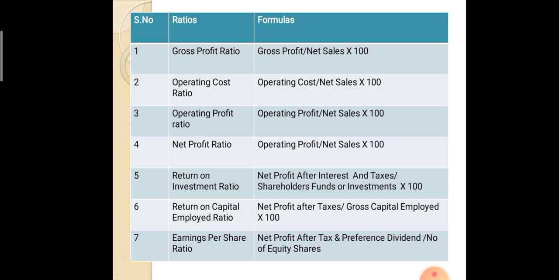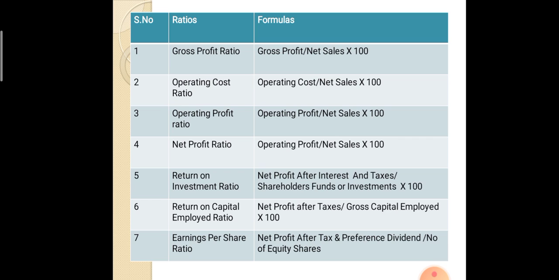So here, the return on capital employed ratio, we can call it the return on investment ratio or return on capital employed ratio. It reveals the earning capacity of the capital employed in the business. So that is equal to profit before interest and taxation divided by capital employed into 100.